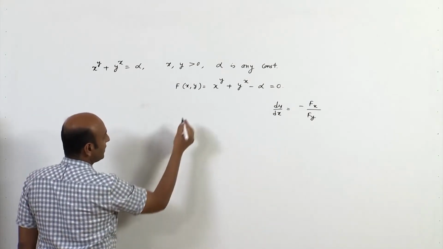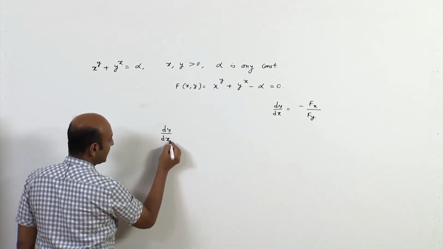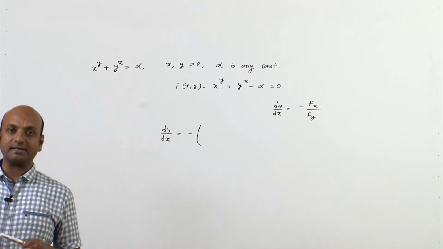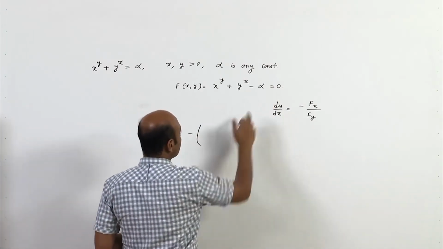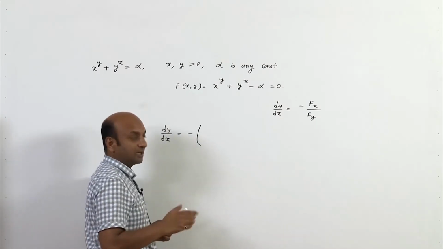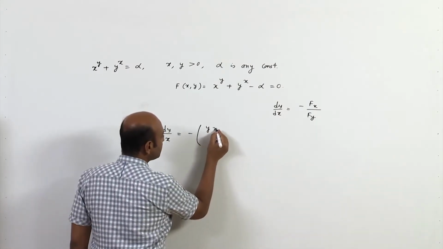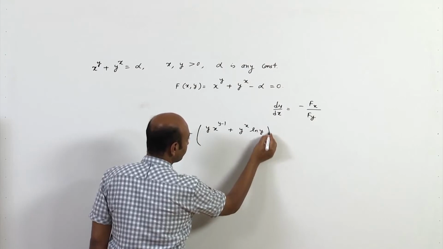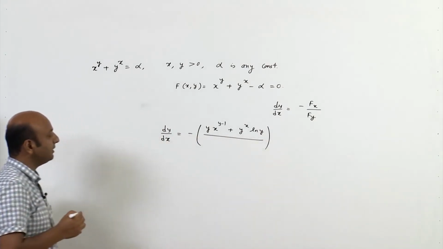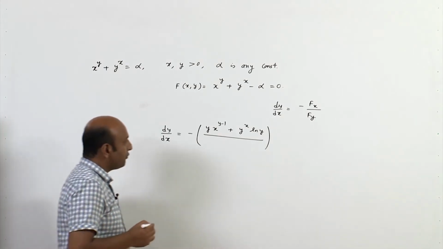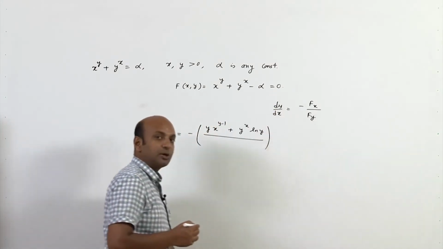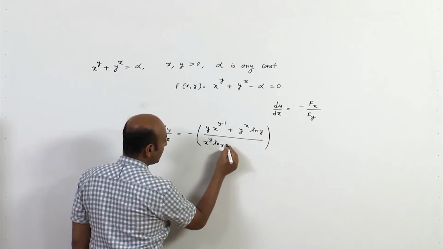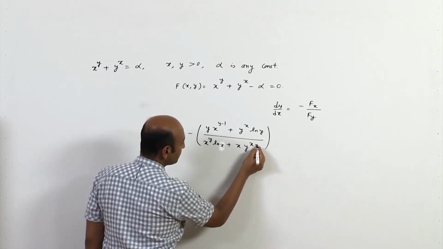So dy by dx is negative of fx upon fy. Now fx means differentiate partially with respect to x, keeping y constant, so it will be y x raised to power y minus 1 plus y raised to power x ln y, upon fy. For fy we differentiate partially with respect to y keeping x constant, so it will be x raised to power y ln x plus x y raised to power x minus 1.